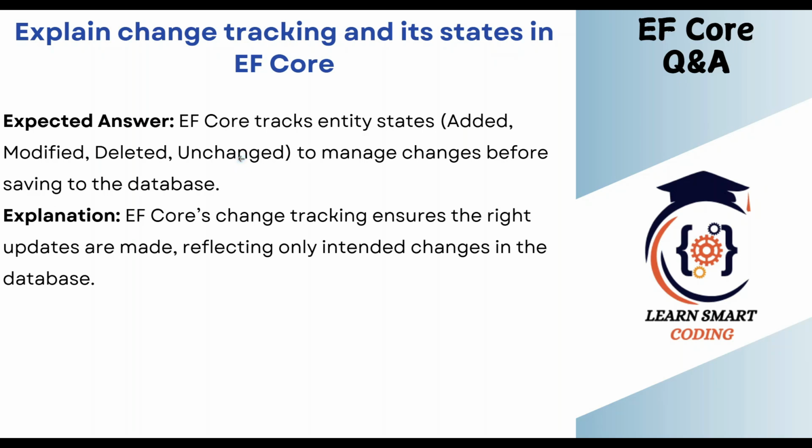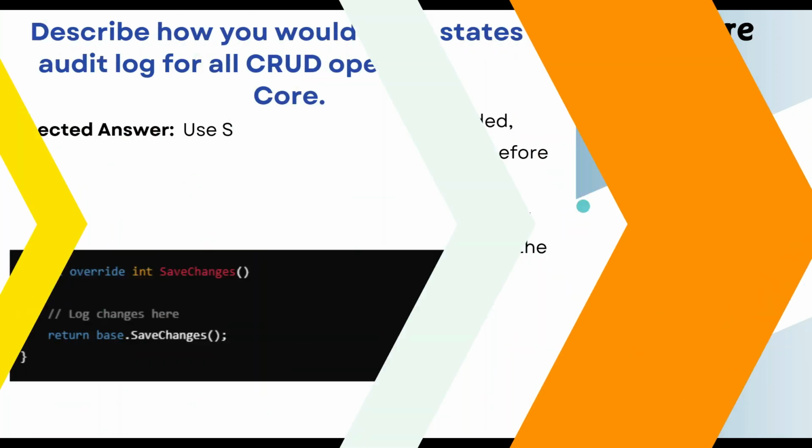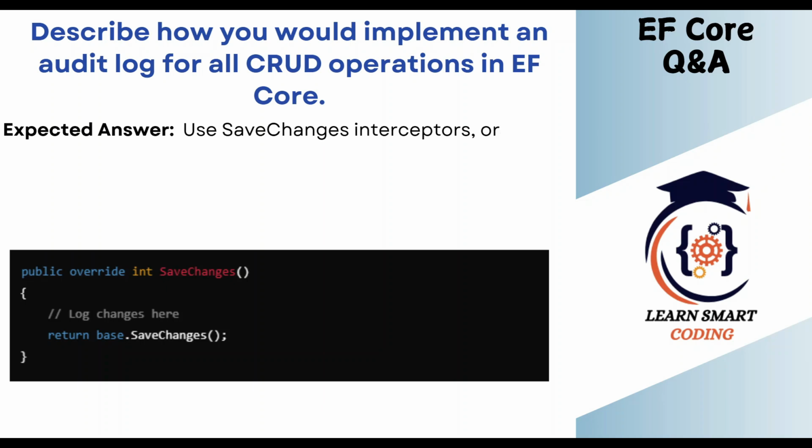If you modified any property within that entity, that's called modified. If you try to delete that entity, that's called deleted. If you want to add a new record to a table, such a record's state is called added. So these are the 4 states that EF Core tracks. If somebody asks you this kind of question, you should know what the entity states are and how they are used.